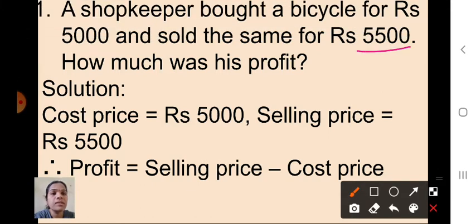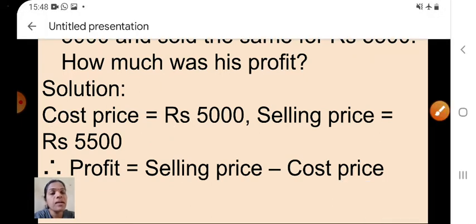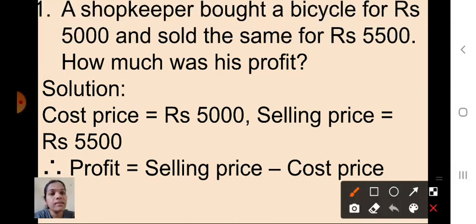That means this is what? Selling price. So first what do you have to write? You have to write what you get from your sum. So cost price is equal to 5000 rupees, selling price is equal to 5500 rupees. You know very well here selling price is more than the cost price, so there is a profit.